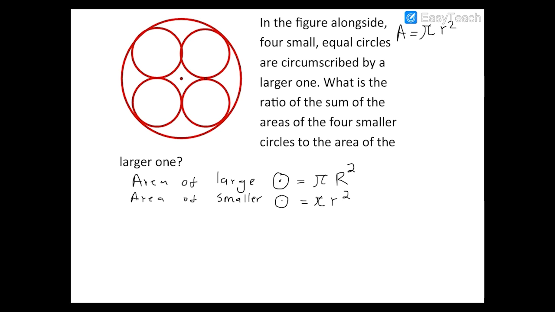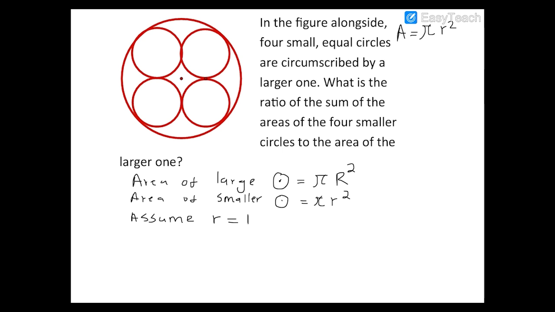Now we do not have the radius of the smaller circle. We don't have the area of the larger circle either. So because we want the ratio, we can just assume something to be 1. So in this case, let's assume small letter r to be 1, meaning let's assume the radius of the smaller circle to be 1.